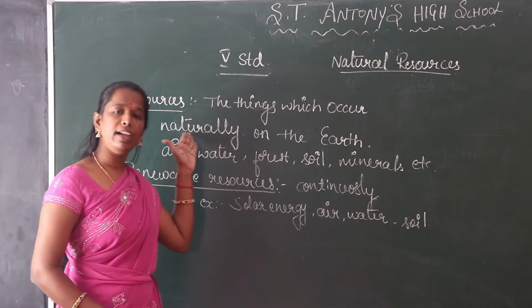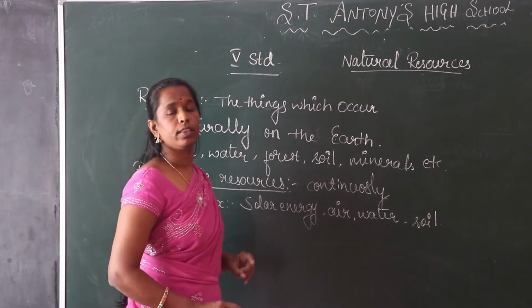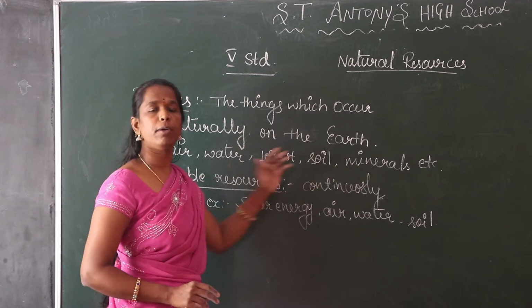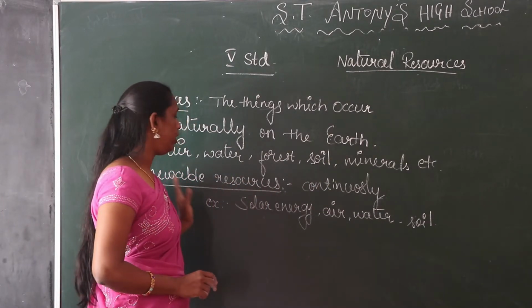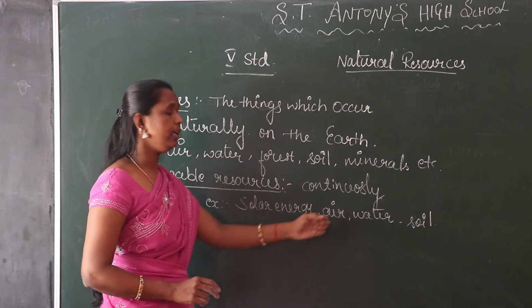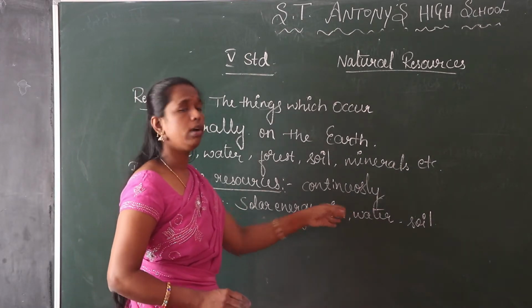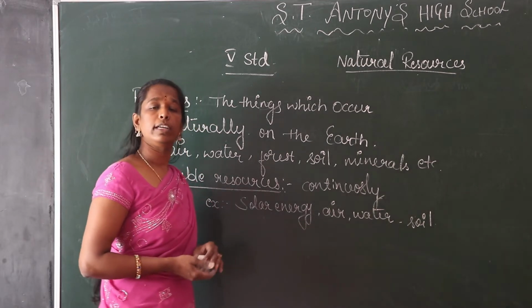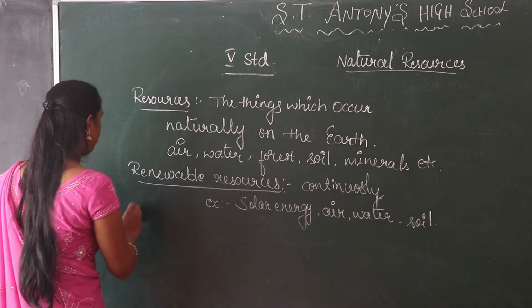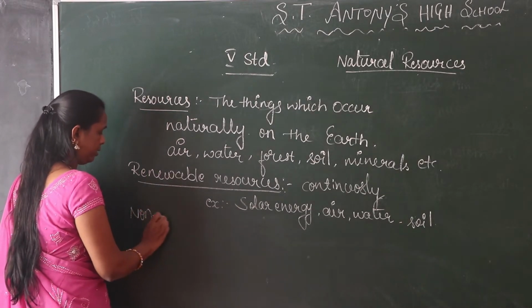Those available continuously over the lifetime of human beings are called renewable resources. Example: solar energy from the sun, air, water, soil. Okay children, these are called renewable resources, not non-renewable resources.